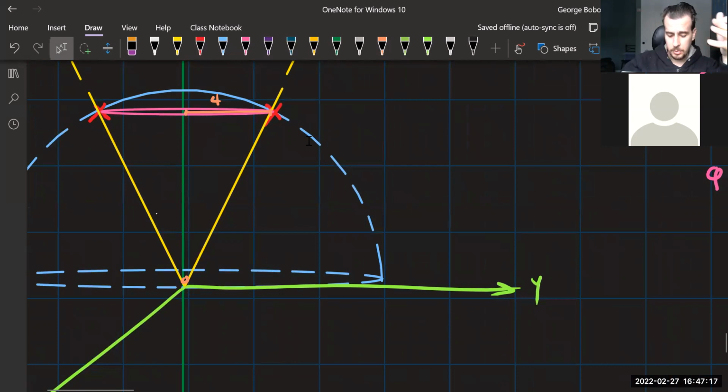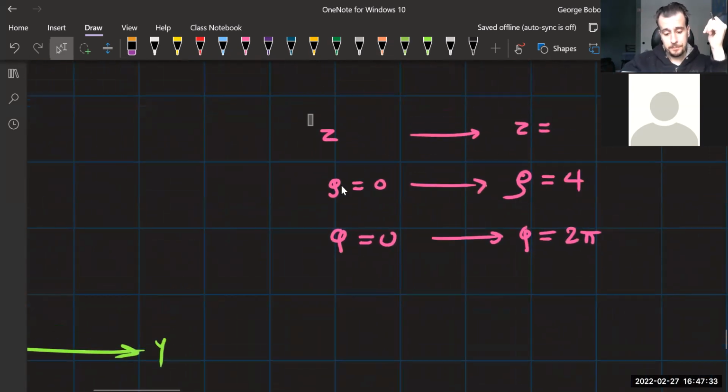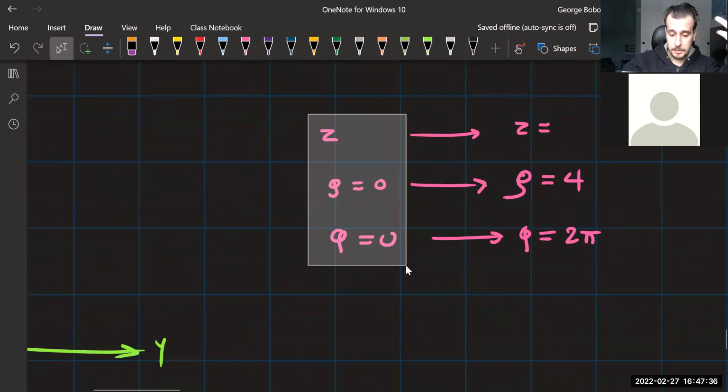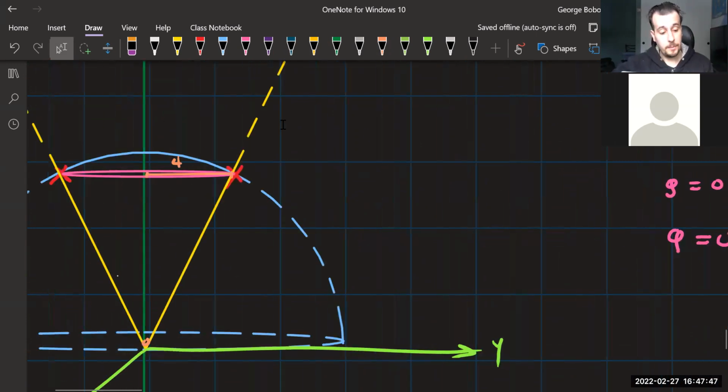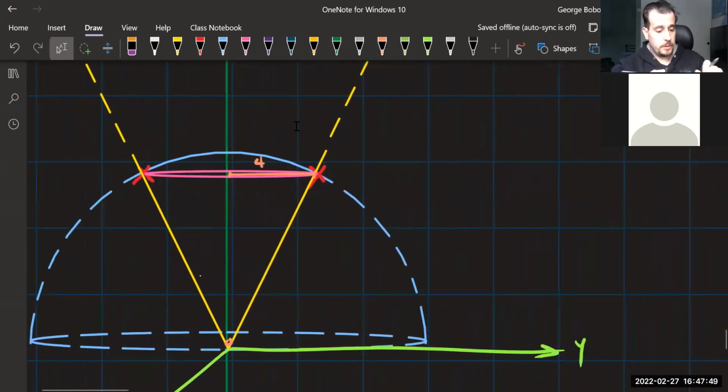It's up to you what you decide to work in. If you do it in cylindrical, you use the cylindrical volume element. If you do it in spherical, you use the spherical one and fill in the appropriate values for the bounds. So for example, if we were doing spherical, these would be r, phi, and theta. I decided to do it in cylindrical, so it's z, rho, and phi. But in any case, you would be able to get all of these variables in whatever coordinate system you choose.